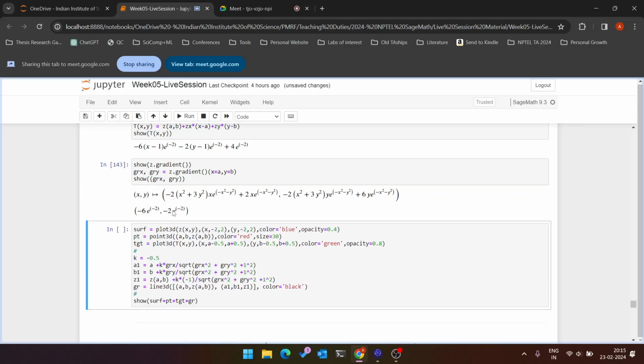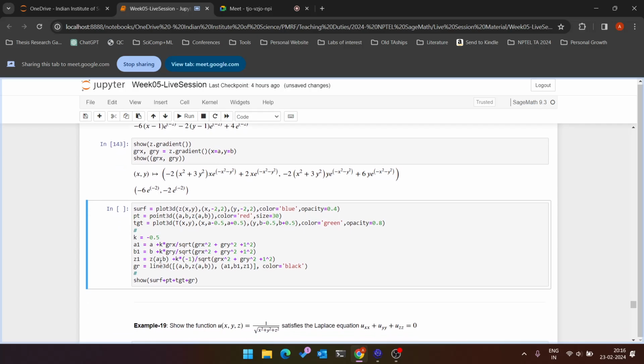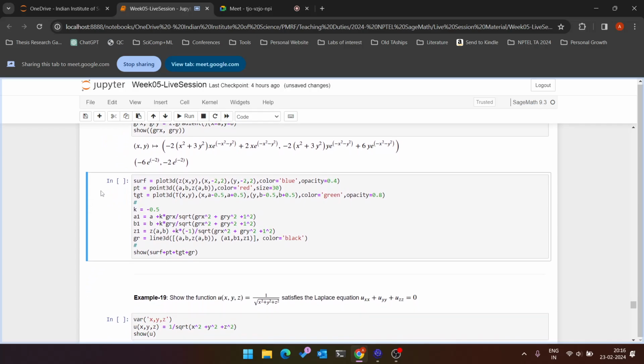So these are the two components of my gradient. And now I want to plot my surface z, plot the point a comma b, which is a comma b comma the z coordinate at a, b. Then plot the tangent surface, which is given by the expression t of x, y for x around a and b.